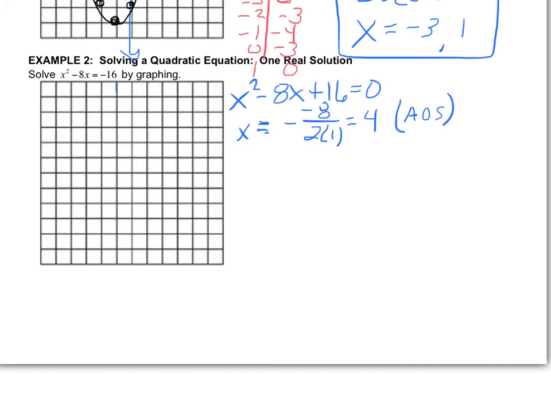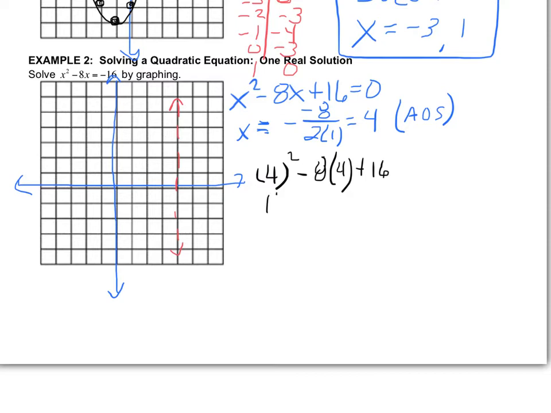Okay, so again, if I'm going to draw my axes, this time I can see that x equals 4 is going to be my axis of symmetry. Then what I'm going to do is take that 4 and plug it back into our equation to find out what the y coordinate of the vertex is.